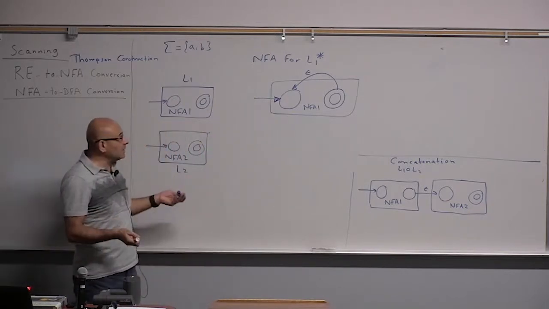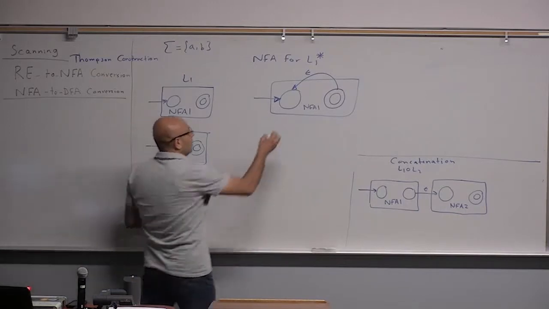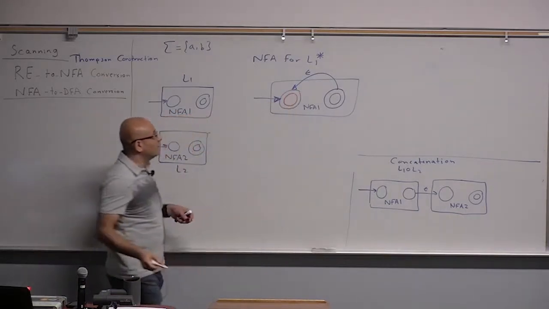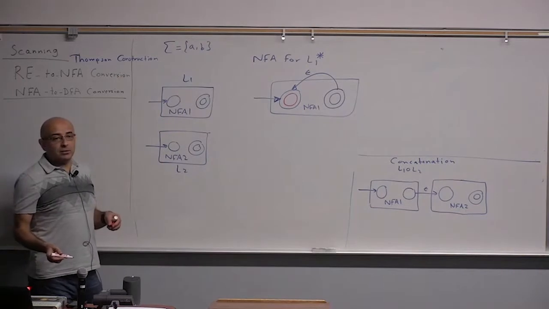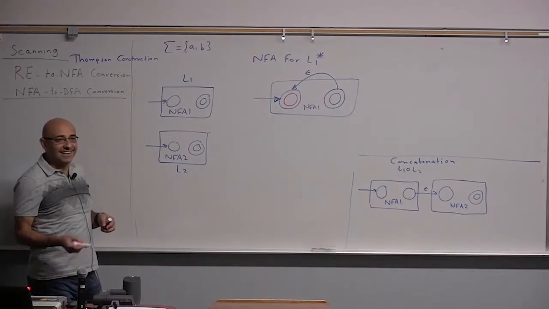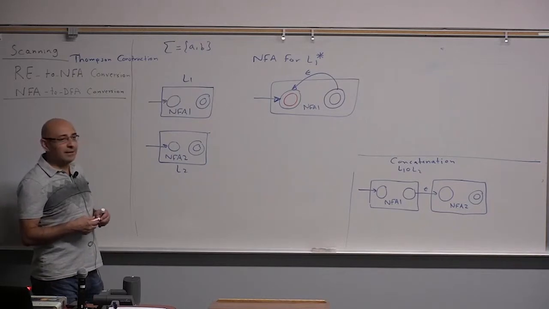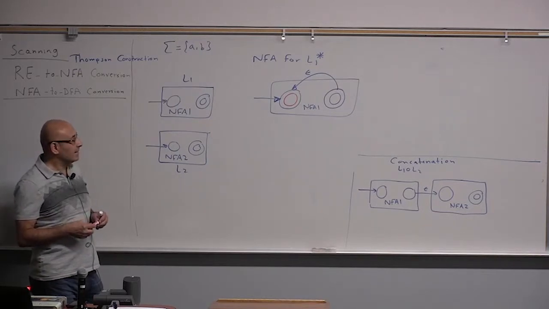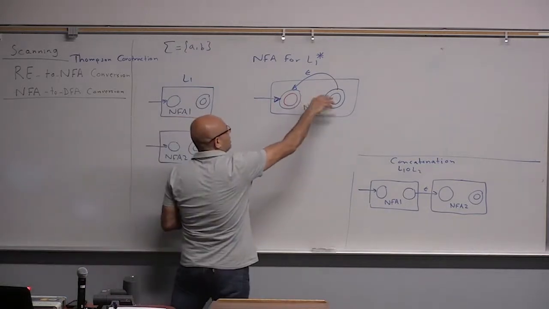But if we try to accept the empty string by doing this, then this will be a disaster. Right? Why will this be a disaster? We'll never get to the other one. Oh no, we are assuming that we are not changing what's in between.